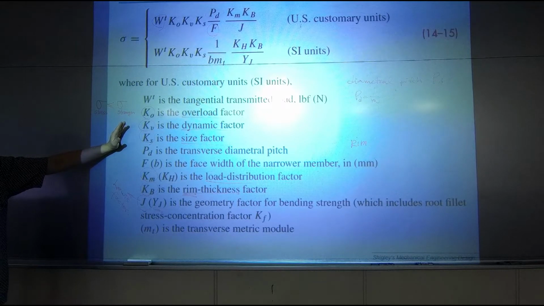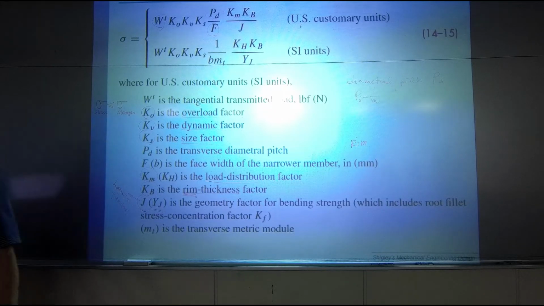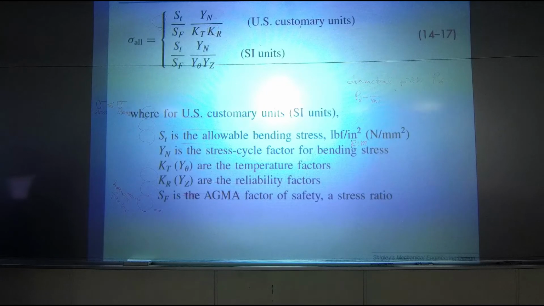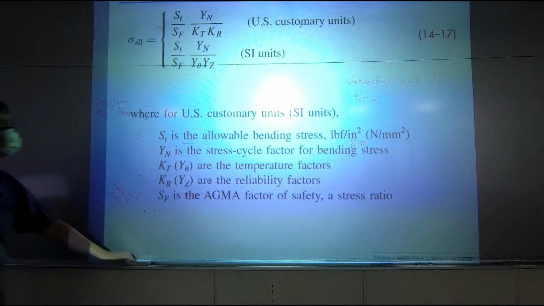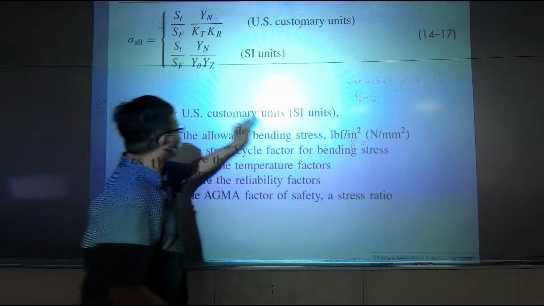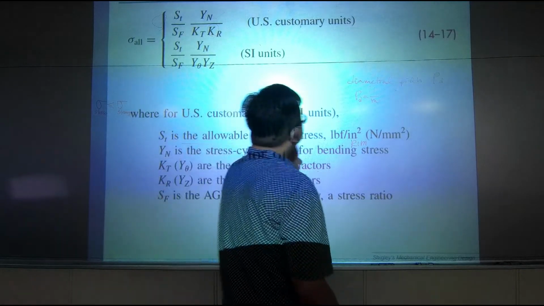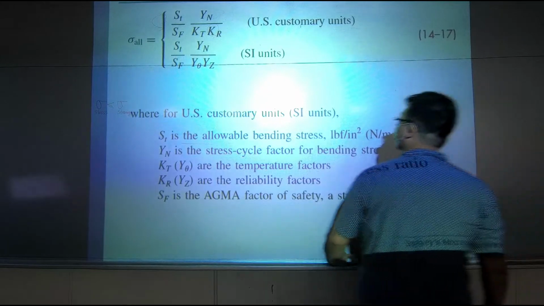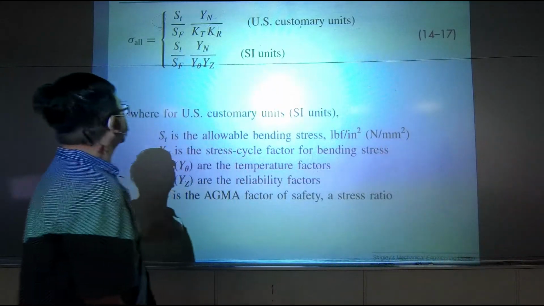Do I just use Young's modulus? What happened is, no, it's not that easy. This is the right-hand side of the equation. So let's take a look at the right-hand side and let's see what will affect the strength of the gear.